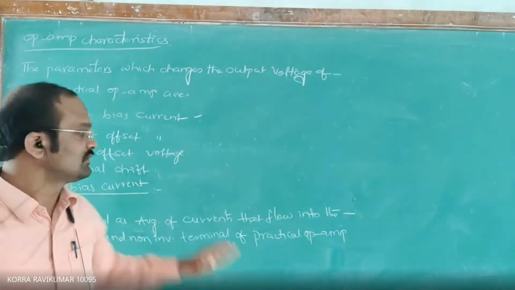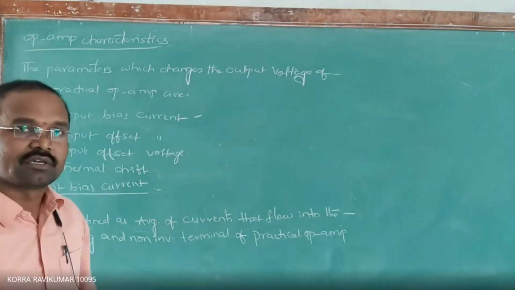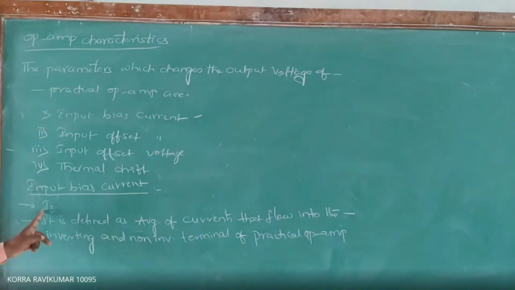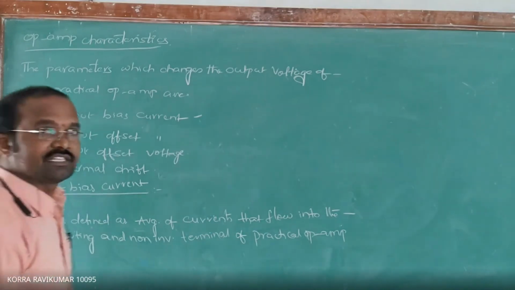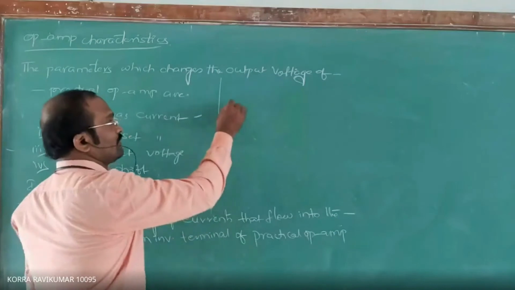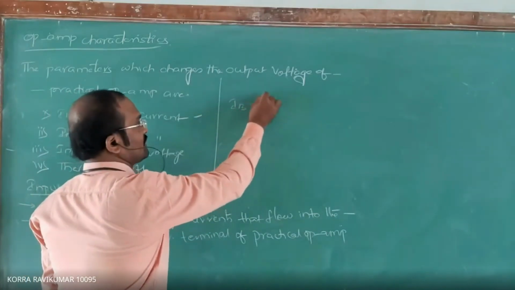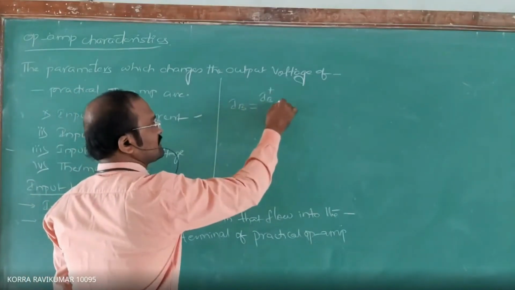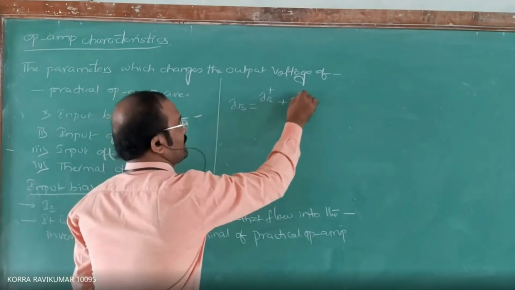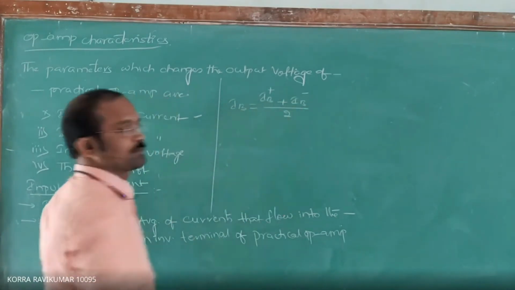This input bias current can be represented with the letter IB. That IB equals (IB plus IB minus) divided by 2.